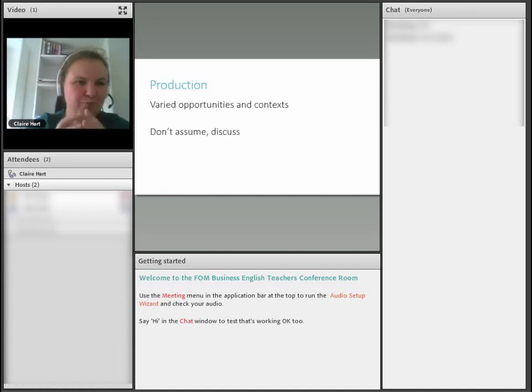So I think it's important to not assume that you know what learners need. To discuss it with them, in as far as you can. If you're going to discuss it with them, you have to make sure they feel comfortable discussing their needs with you. You have to make sure you give them a lot of options to choose from.